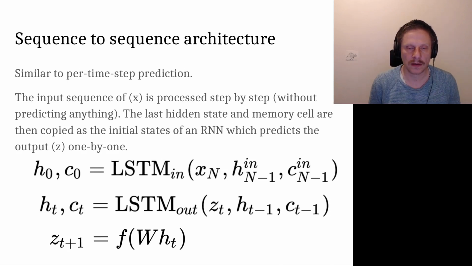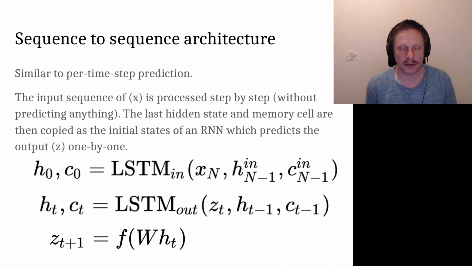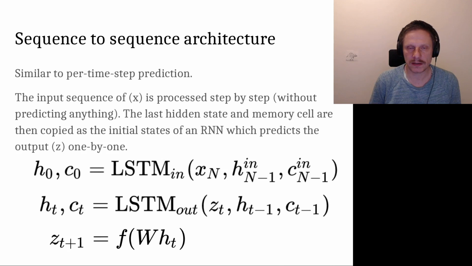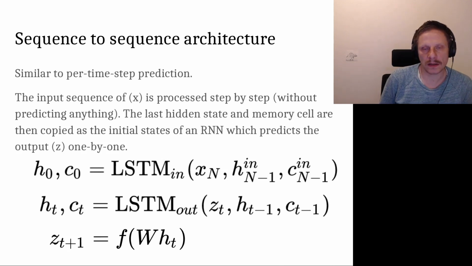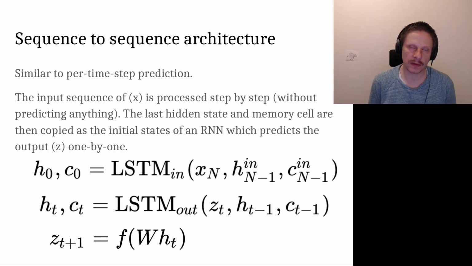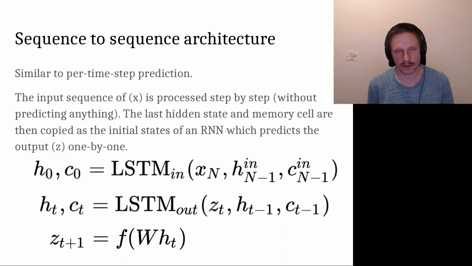And then we're applying LSTM out to our outputs Z. And as I mentioned before, the hidden state and the memory cell are initialized based on LSTM in, and that is what carries the information about what the input sentence was to the output model LSTM out.